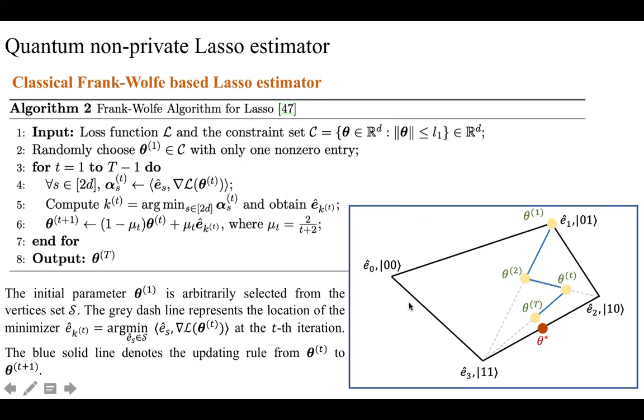An illustration is given in this figure. As we can see, at each iteration, we locate the vertex corresponding to the minimum entry, and we update the parameters along this direction, and so on. So in this method, we can guarantee the sparsity of the trainable parameter theta t, namely in t iterations, the sparsity of theta t is at most t.